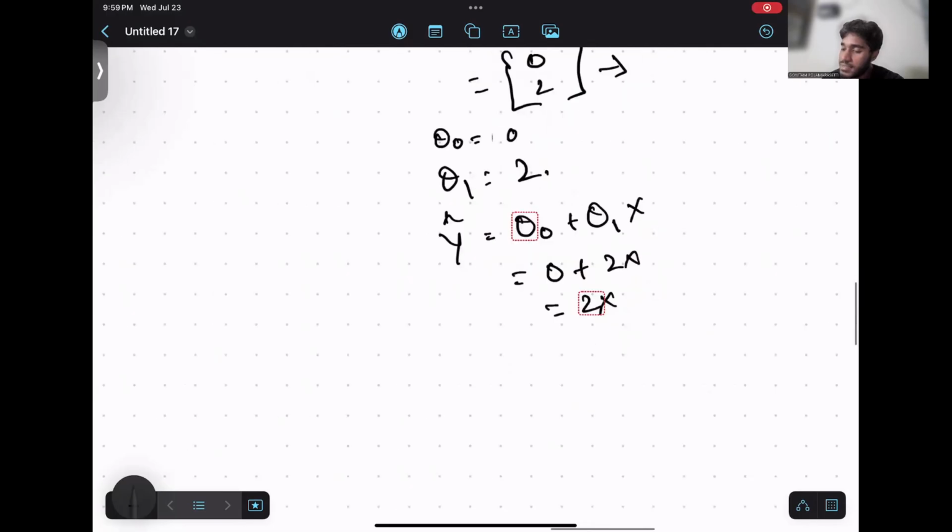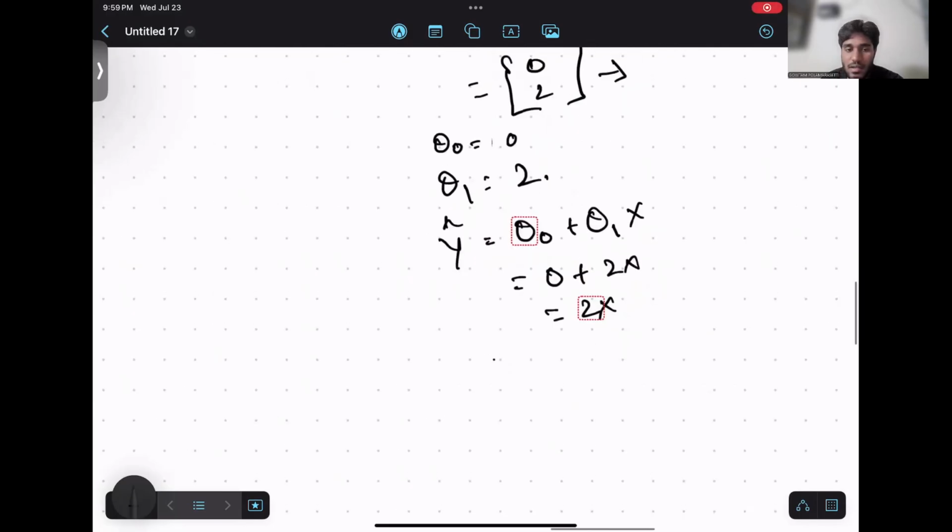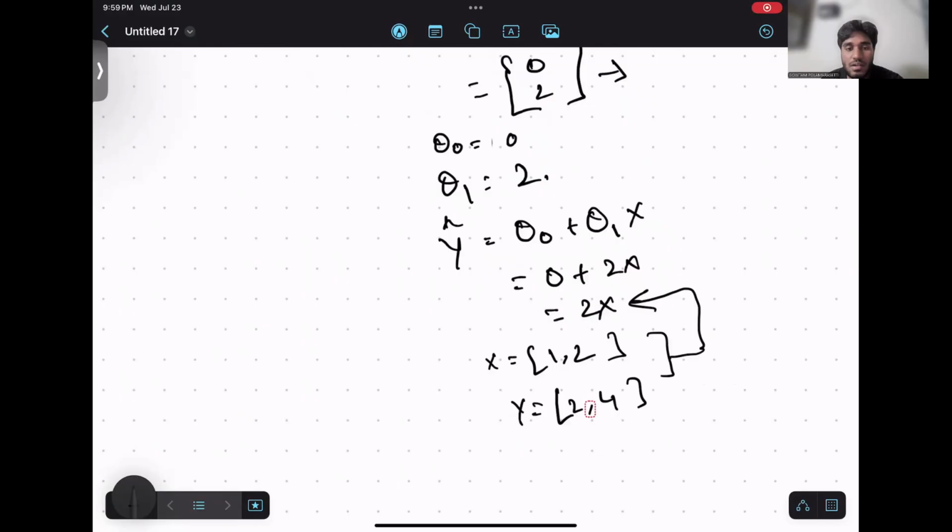So for the values x equals 1, 2 and y equals 2, 4, these two are perfectly satisfied by this equation. So we can say that we found the best fit line for these data points. This is how the OLS method works.